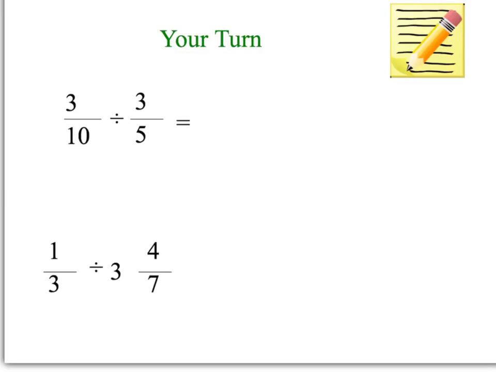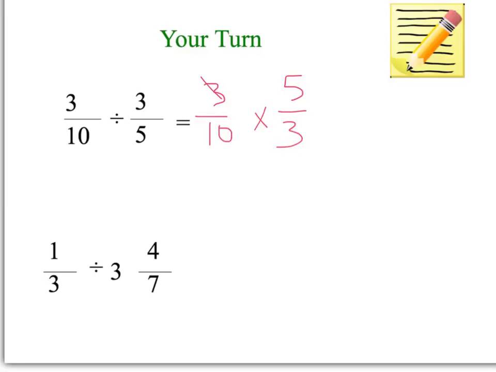Alright, I'll do these for you. 3/10, changing it to multiplication, flipping the second one. Now I'm just going to check to see if we can cancel out. You can see there's 3s here, we can cancel those, and 5 will go into 5 and it will also go into 10, so we can cancel a lot of these out.